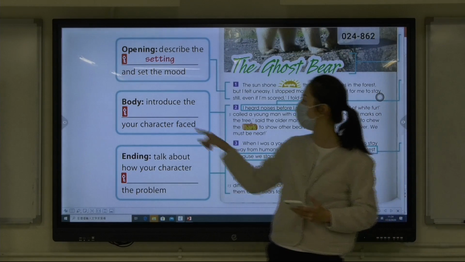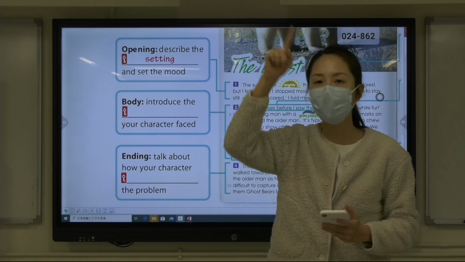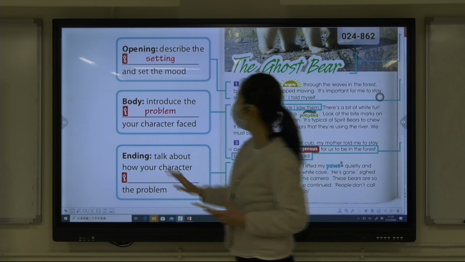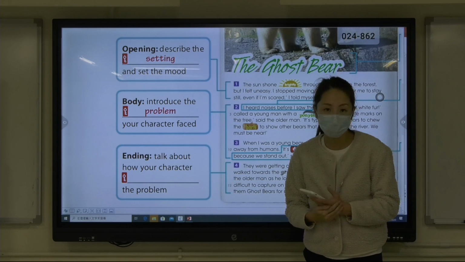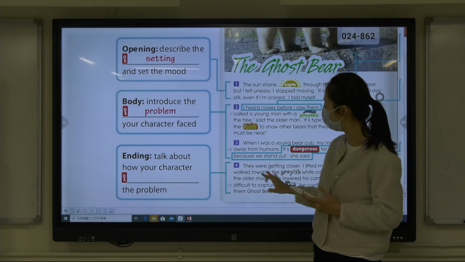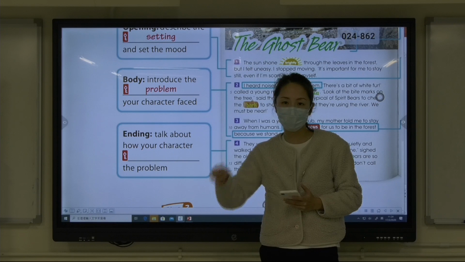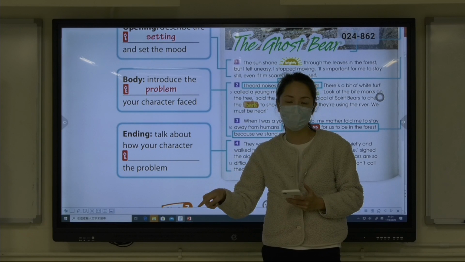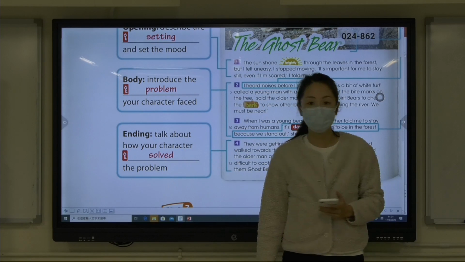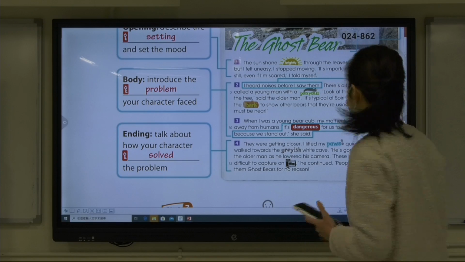Remember the rising action, the climax. So we talk about the problem, or your conflict, the conflict you face and your problem. And then the ending. When we want to end the story, we go to the falling action and also the solution. How your character solves the problem, okay?